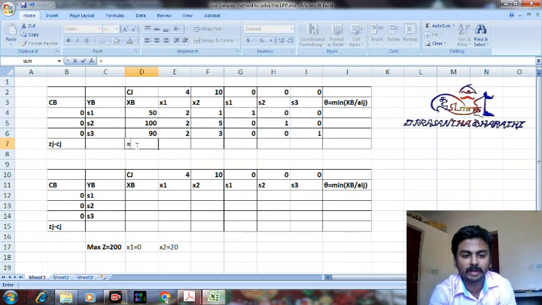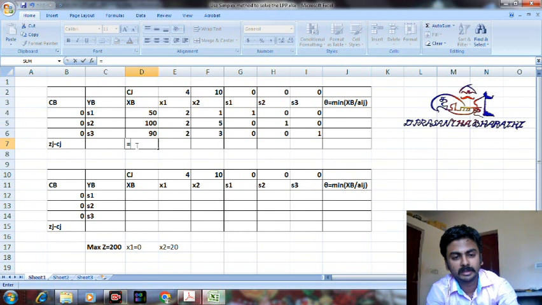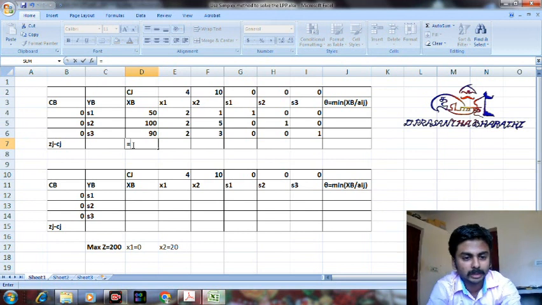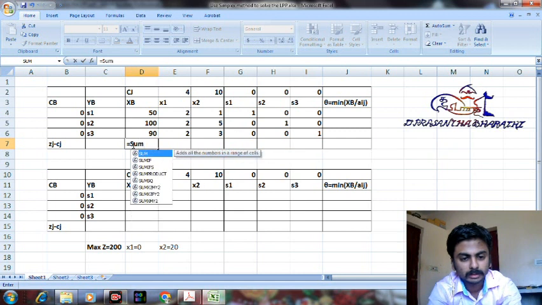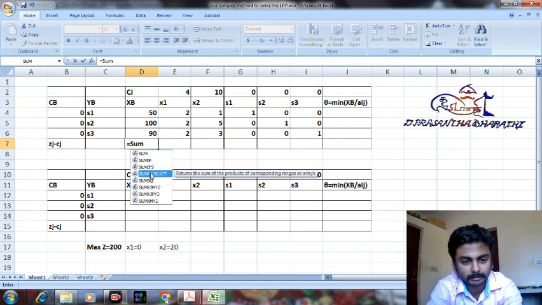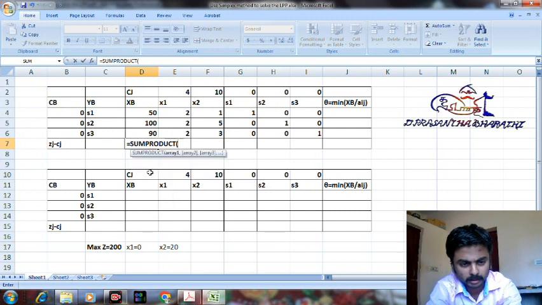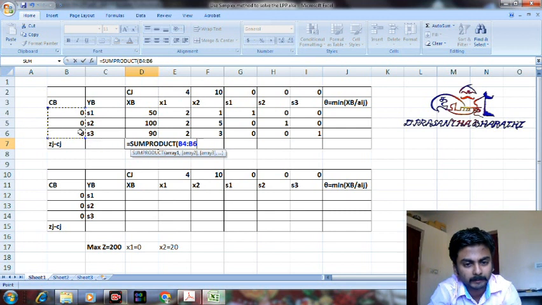So here we are using a formula. In the 7th row we are using the formula equal to sum product of this CB comma this cj.